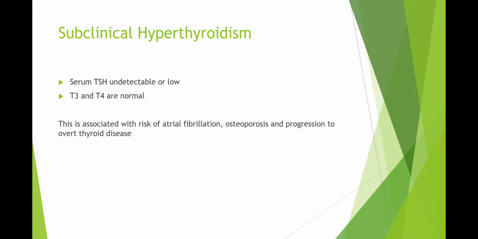In subclinical hyperthyroidism, serum TSH is undetectable or low. T3 and T4 are normal. This is associated with risk of atrial fibrillation, osteoporosis, and progression to overt thyroid disease.